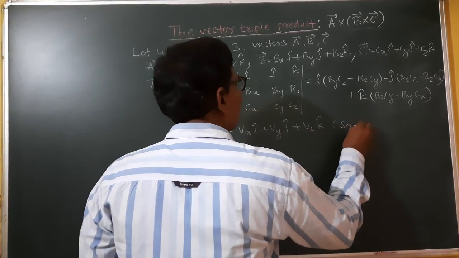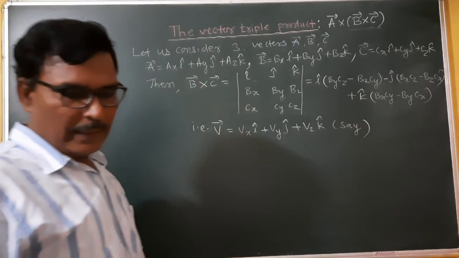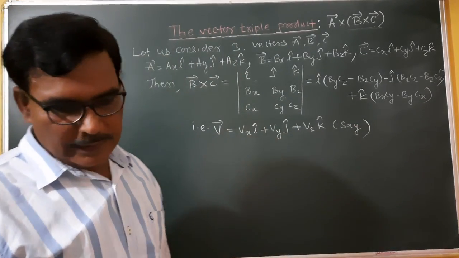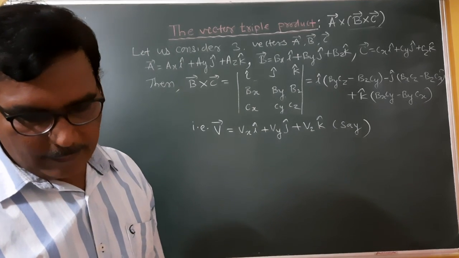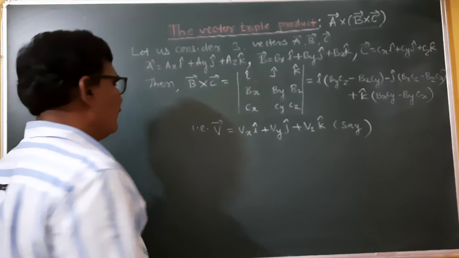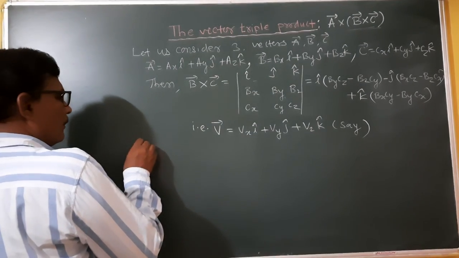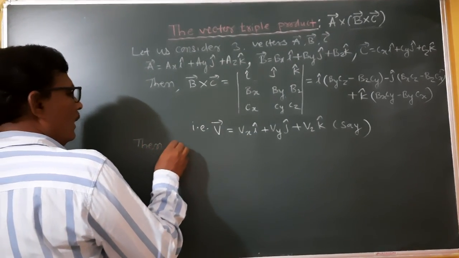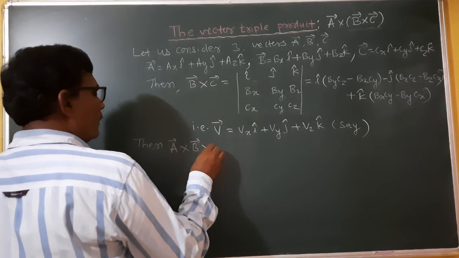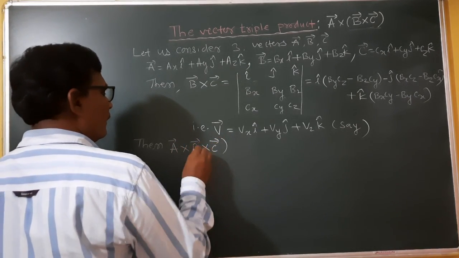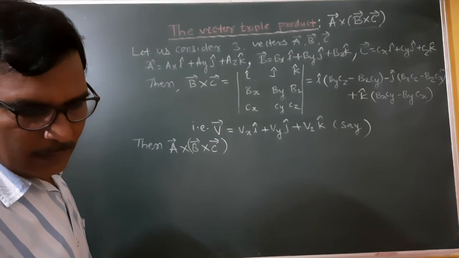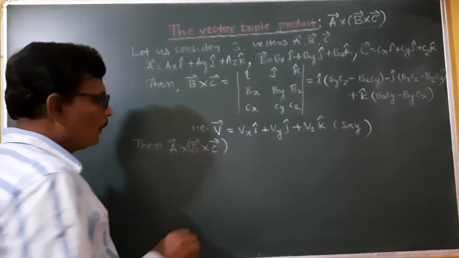Then we have A bar cross B bar cross C bar, which is equal to A bar cross V bar.